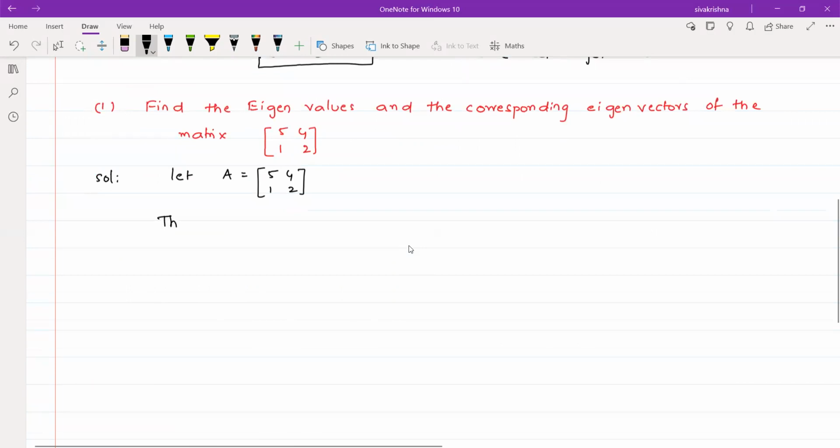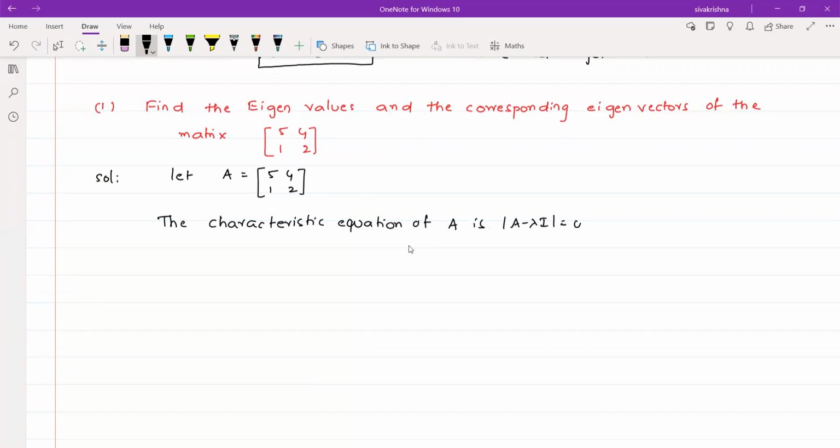The characteristic equation of capital A is determinant of A minus lambda I is equal to 0.